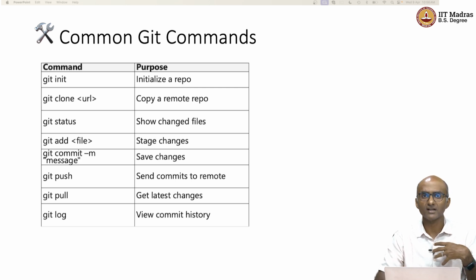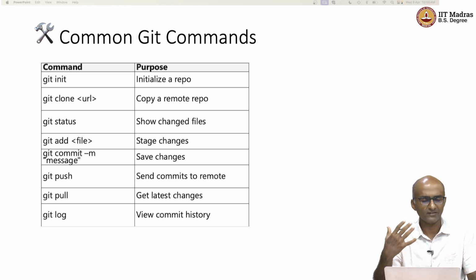One of the useful commands I found, needing almost all the time, is something called git status. The status basically shows the set of changes which have not been committed yet, right? Changes that you have made to the local files. Now, if you don't add a particular changed file as part of the current commit that you're planning, it wouldn't show up as something that would get tracked by Git.